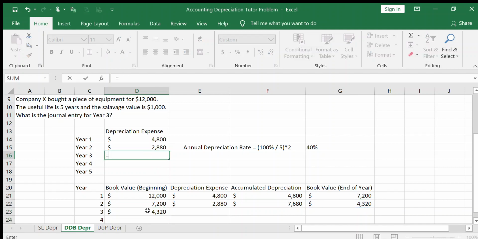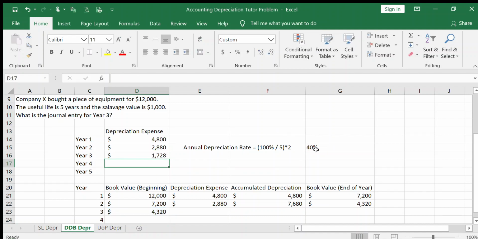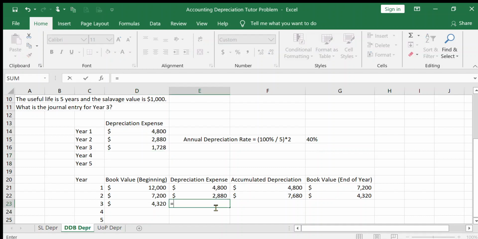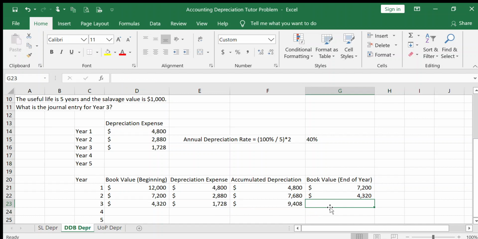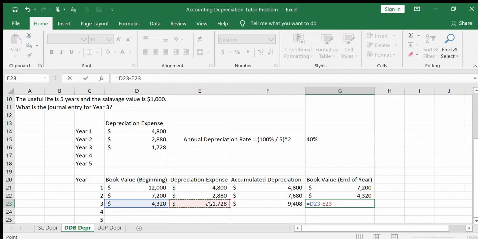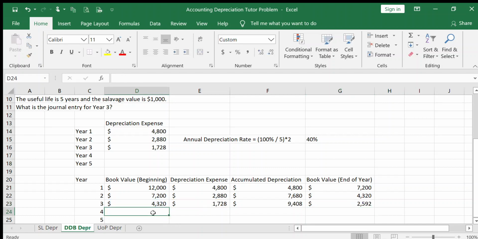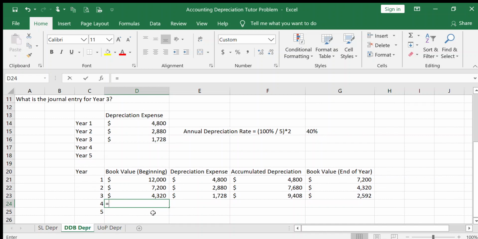Again, we follow the same process each time, just with different numbers. We use that 40% every time, and that gives us a depreciation expense of 1,728 for year number 3. Again, we add these three up to get our total accumulated depreciation through 3 years, and we subtract our depreciation expense to get 2,592 at the end of year 3, which is also our beginning of year 4.